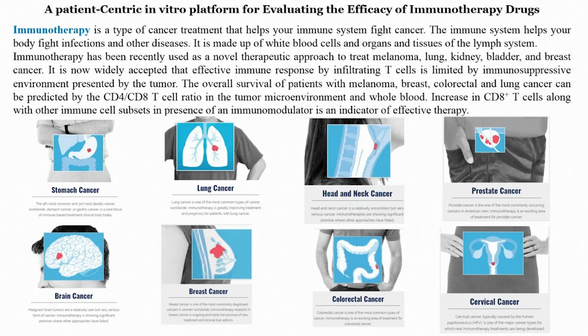So, what exactly is immunotherapy? Immunotherapy is a type of cancer treatment that helps your immune system fight cancer, right. So, the first thing that we need to understand is that it is a therapy that helps our immune system to fight cancer.